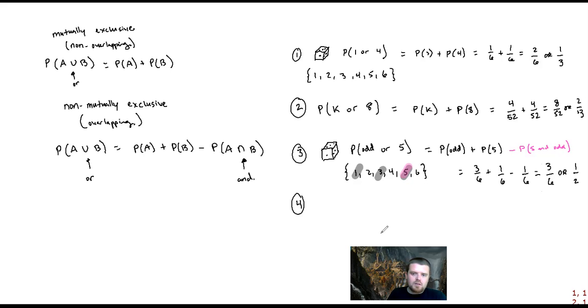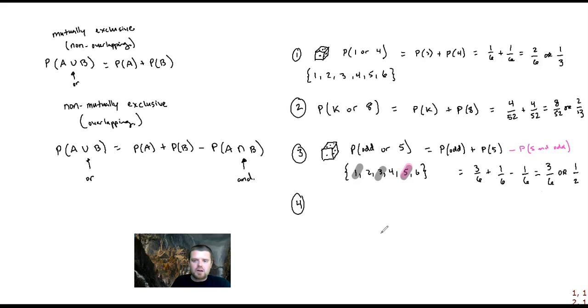Number 4, say I asked you for the probability of drawing a heart or a king. So looking at our sample space, again, you don't have to do the sample space, but if you did, you have hearts, you have diamonds, you have spades, and you have clubs. And then for your face values, you have 2 through 10, and then Jack, Queen, and King.